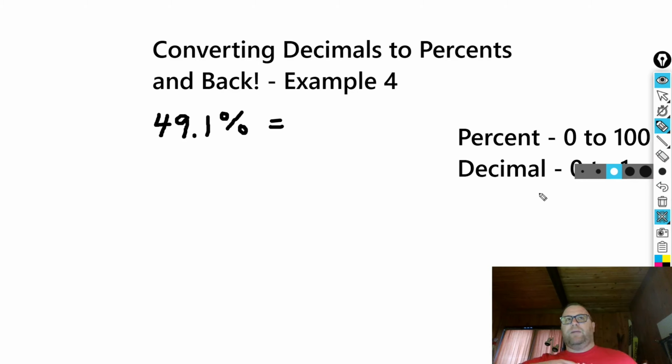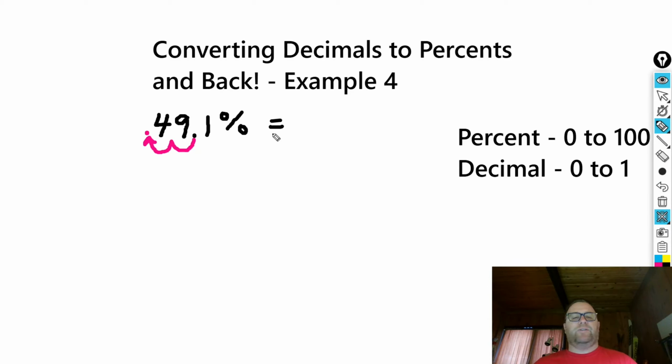If we multiply by 100, we move the decimal point 2 places to the right. When we divide by 100, we move the decimal 2 places to the left. So we're going to go right here, 2 places to the left, and place our decimal point there.